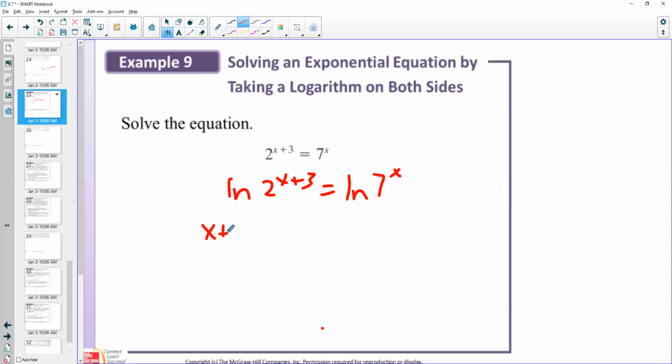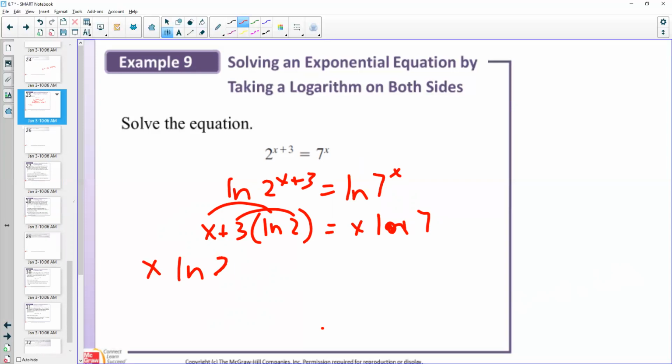So x plus 3 times ln of 2 equals x ln of 7. Now it's a little funky, right? Well, what I can do right now is distribute this. So I'm going to get x times the ln of 2 plus 3 times the ln of 2 equals x times the ln of 7.